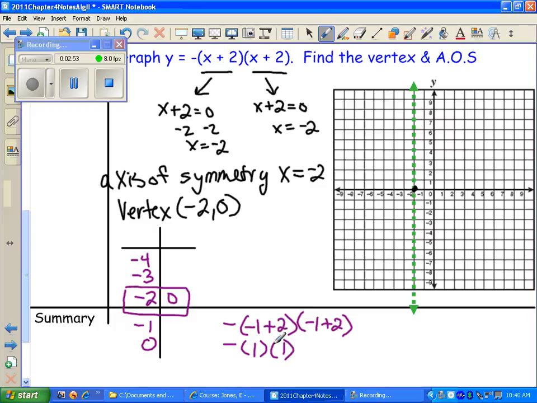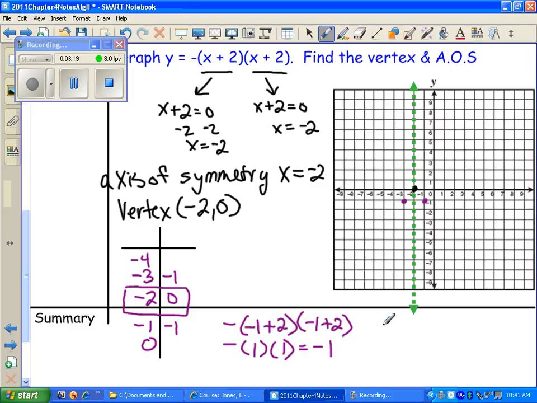Negative times 1 times 1, so 1 times 1 is 1, with a negative out front is just -1. So at -1, my y value is -1. So back 1, down 1, and then mirror across your axis of symmetry, which means at -3, you're also at -1.